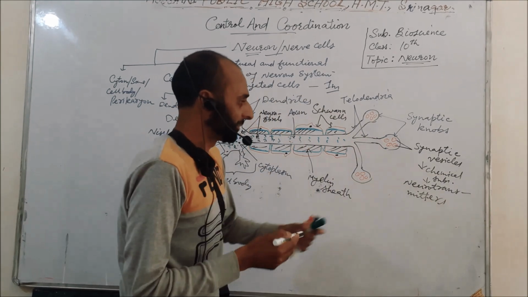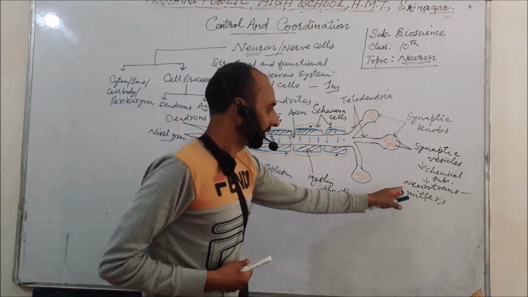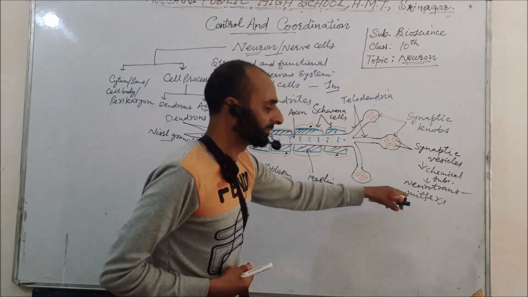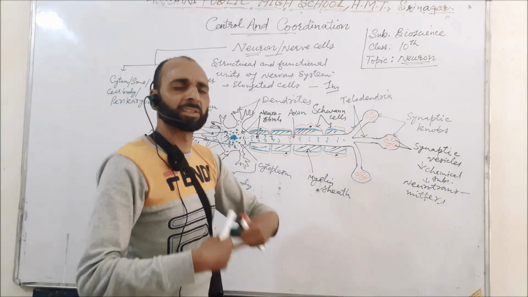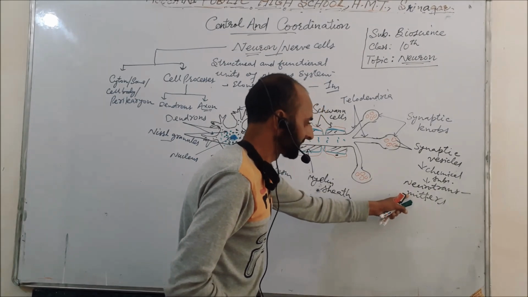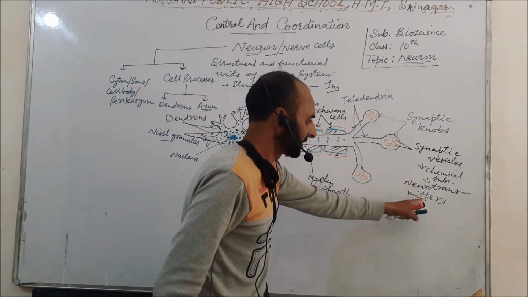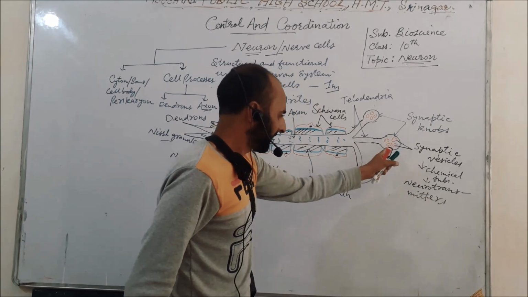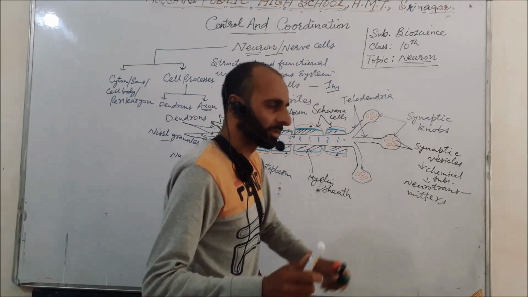Okay, and these are important for the nerve impulse, to carry information from the organs to the brain and from the brain to the organs. So these important chemicals, called neurotransmitters, are stored in the synaptic vesicles present inside the synaptic knobs.